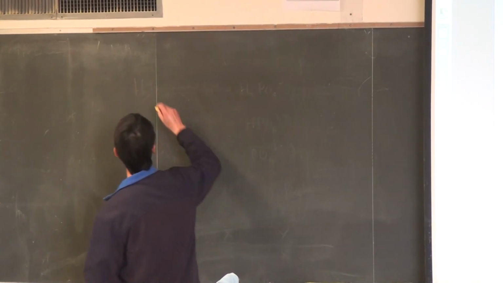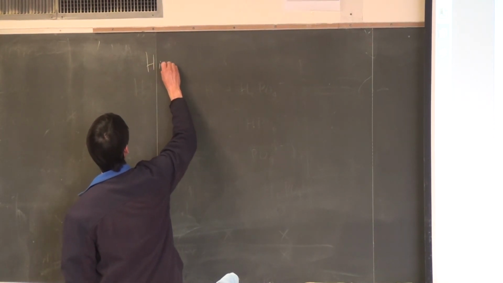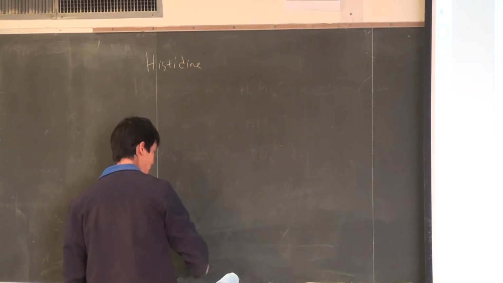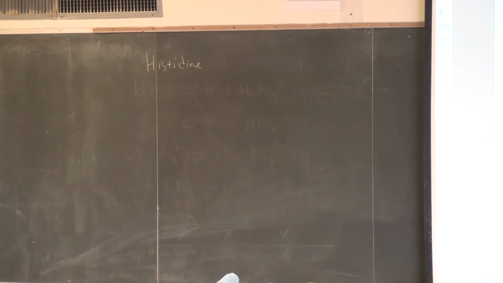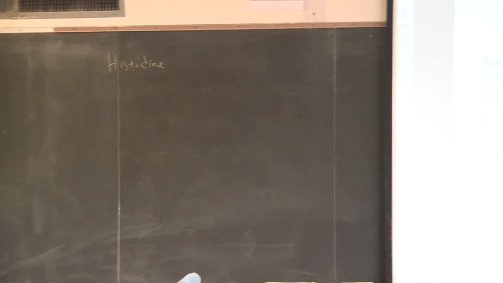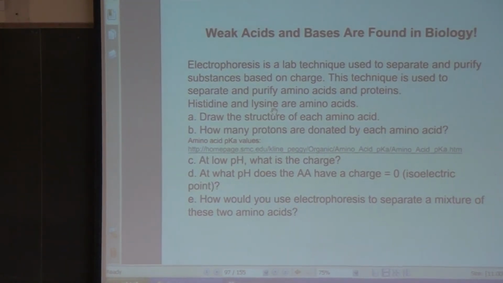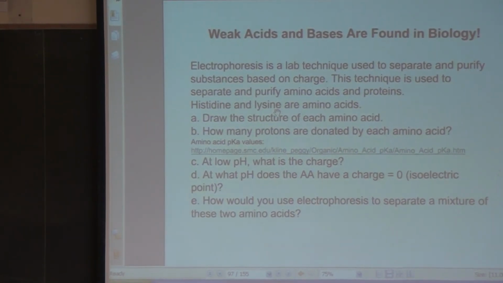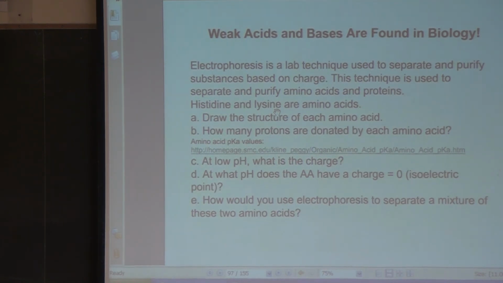Okay, we'll have this half do histidine, and the other half will do lysine. While you're drawing the structure, let's look up the pKa's of these amino acids. Okay, let's do that.